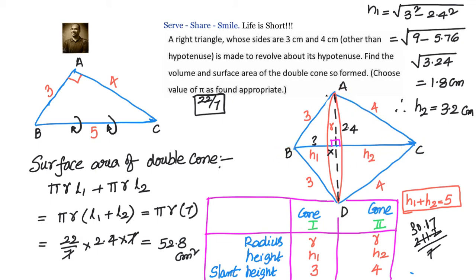For the volume we have to add both the volumes, and for the surface area we have to add both the curved surface areas. So that's frequently asked in exams. May not be the final exam, but periodic tests whenever you have. This is a 10th grade problem, so I just thought of sharing this with you. Yes, some of the students asked this.